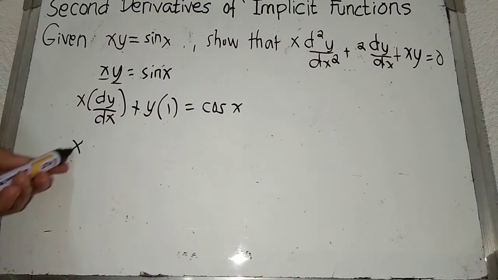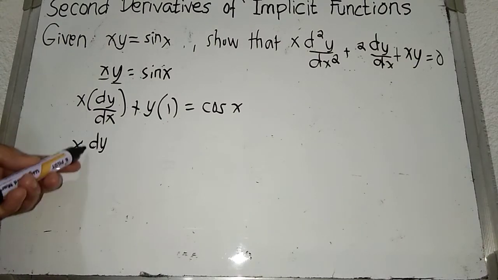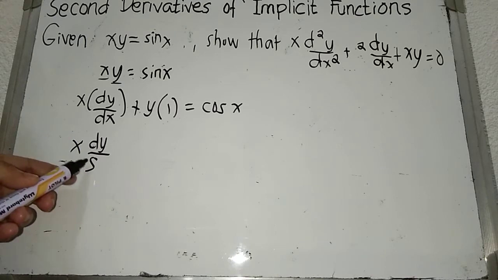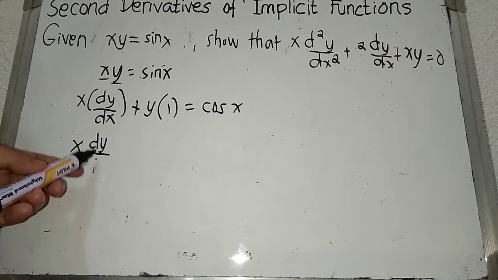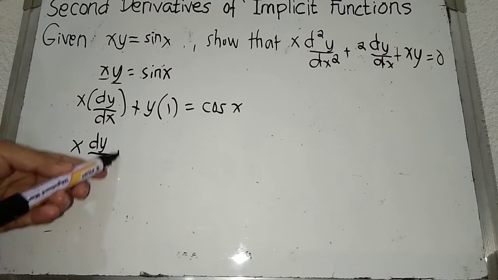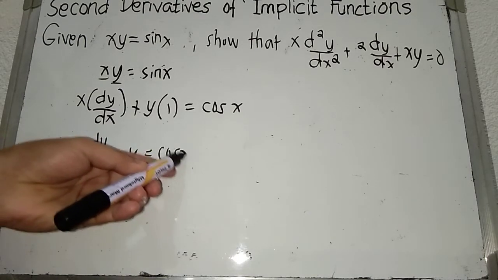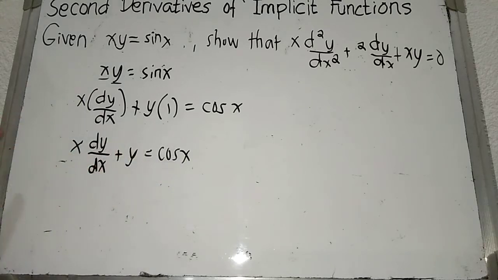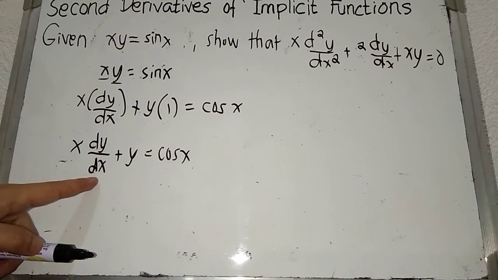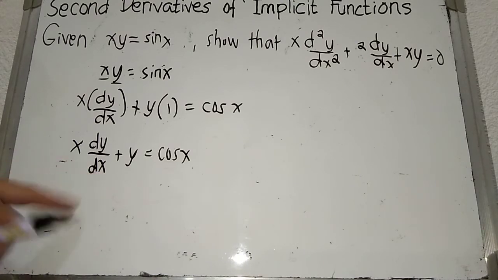Simplifying, this is now x dy over dx plus y is equal to cosine x. This is now our first derivative. Now let's proceed to our second derivative. Now the first term is actually having two functions, x and dy over dx. So still we're going to make use of the product rule.